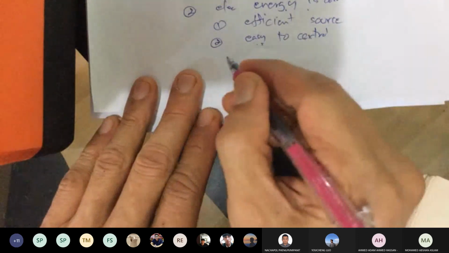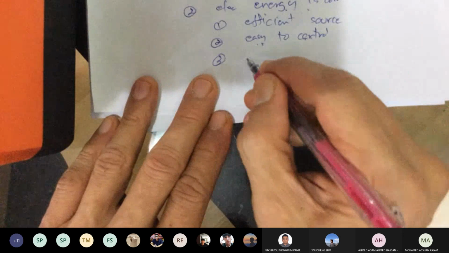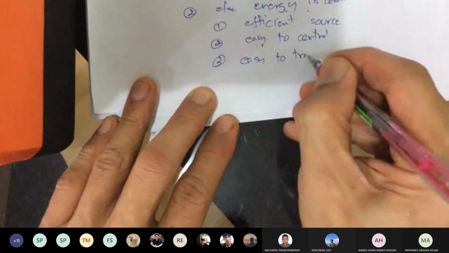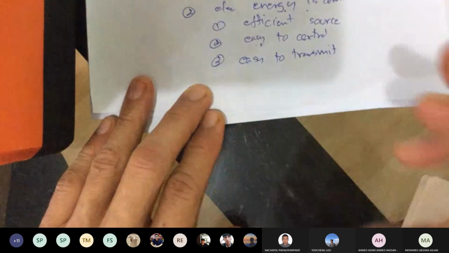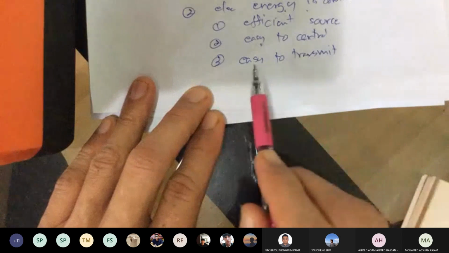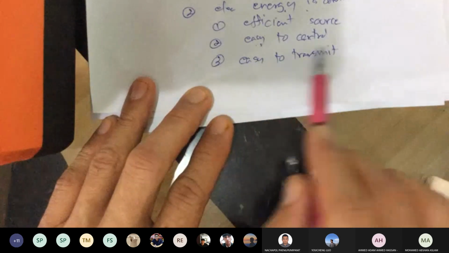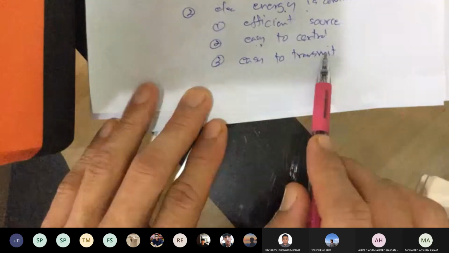Number three, it's easy to transmit over long distance. Again, relative term. Electrical energy or power is generated somewhere else, not close to your home, very far away, actually, in a power plant.